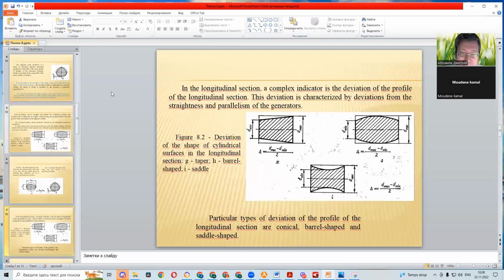In the longitudinal section, a complex indicator is the deviation of the profile of the longitudinal section. This deviation is characterized by deviations from the straightness and parallelism of the generators.